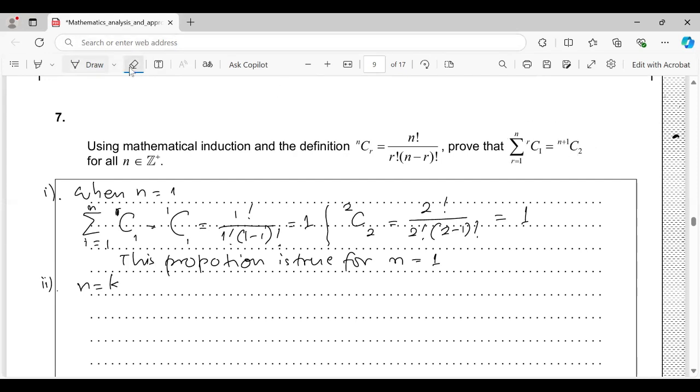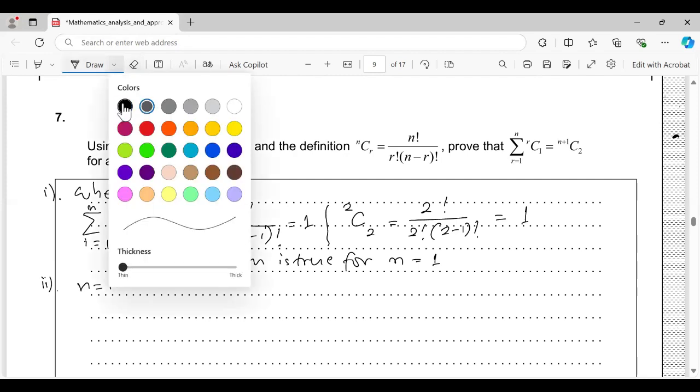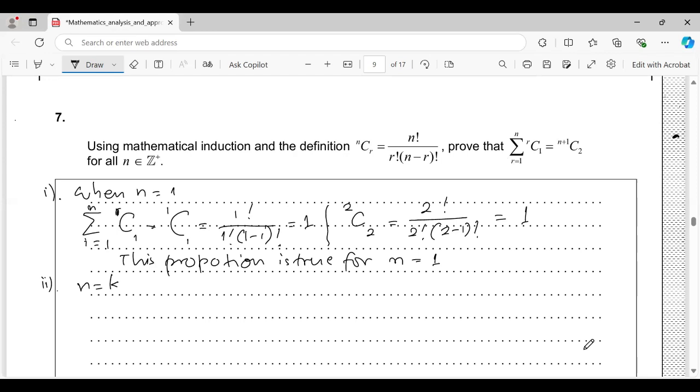Let's clean this one first, and then for n equals k, we have to assume that this proposition, sigma r from r equals 1 to n of this combination, equals the combination n plus 1 and 2.